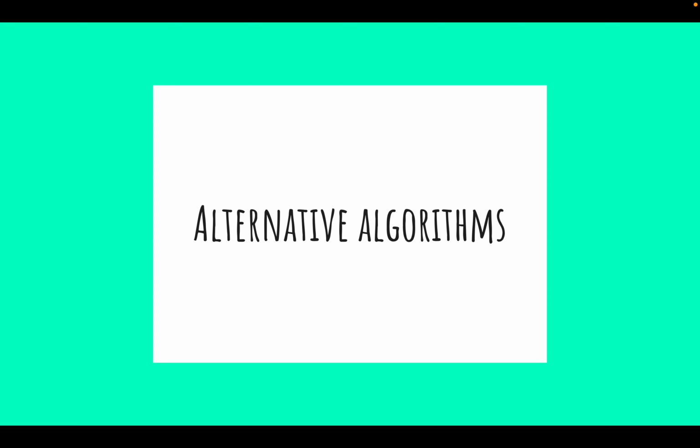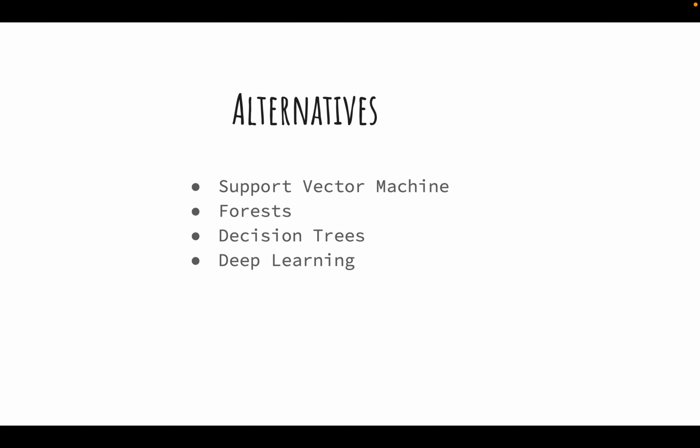So, alternative algorithms to handle some of the failures of, or not failures, but features of naive Bayes that aren't the best. Support vector machines, forests, and decision trees tend to handle the situations where the data has complex relationships between them, and naive Bayes will fall short in these situations.